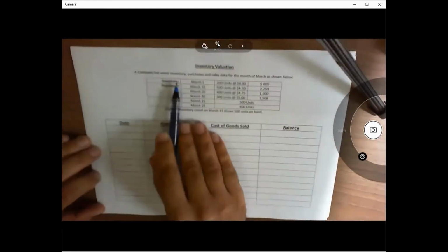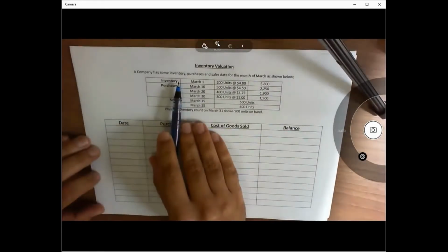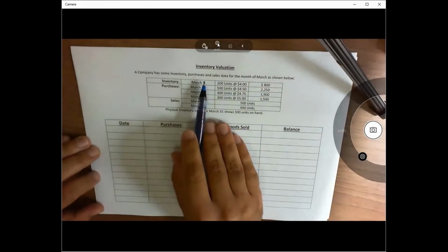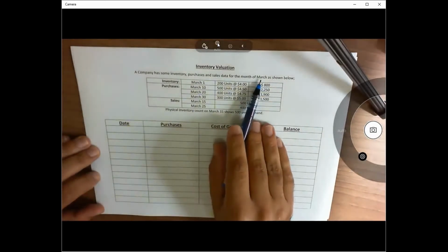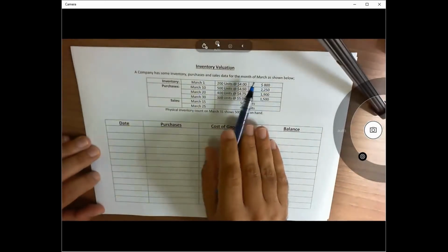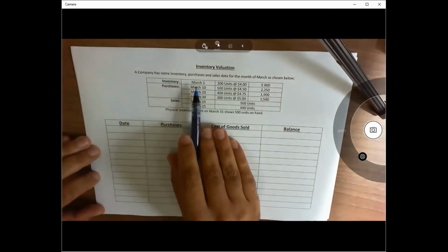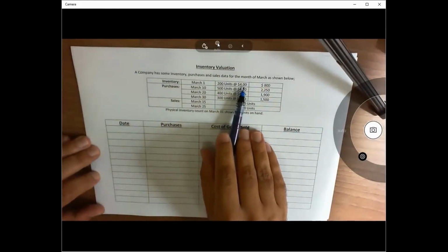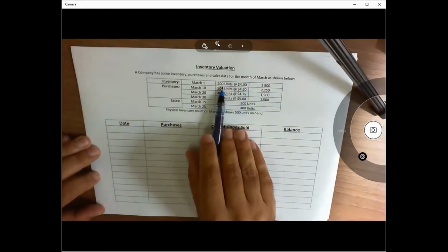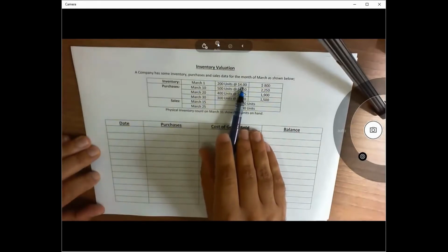First of all, let's try to understand this question. The question says that a company has some inventory purchases and sales data for the month of March. Over here, you can see that inventory on 1st of March is 200 units, and we purchased these 200 units at the price of $4.